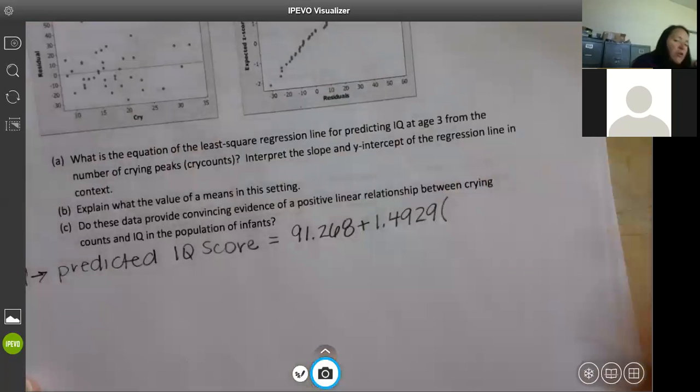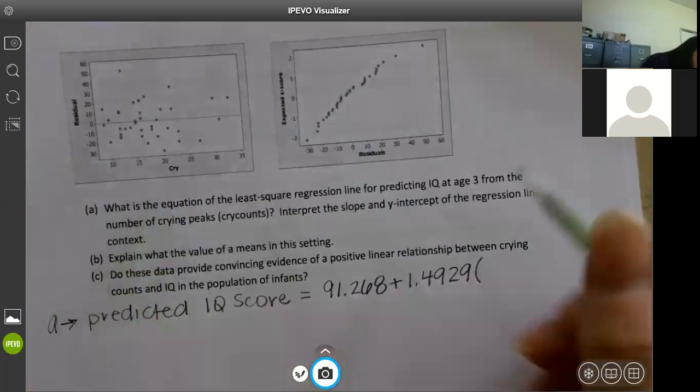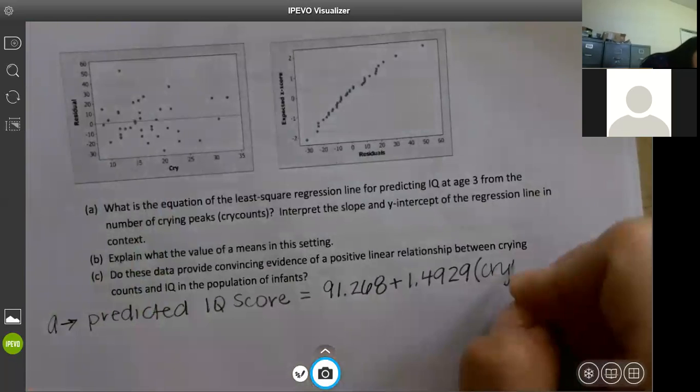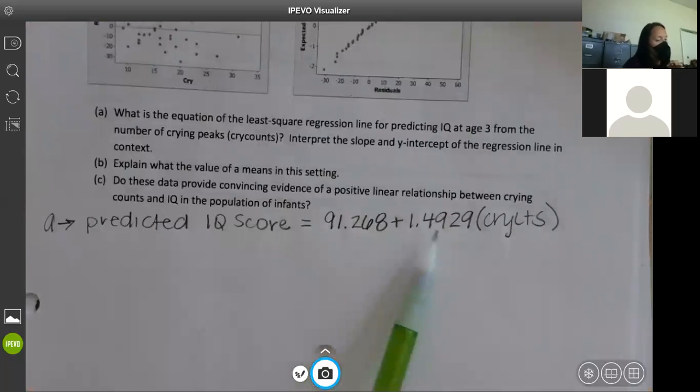And then our X value, if you guys look over here, our X value are cry counts. So that is your equation. Now, like I said, you can do it y equals 91.268 plus 1.4929x, but then you have to define what x and y are. So it's a little bit easier. Just go ahead and put it in there.